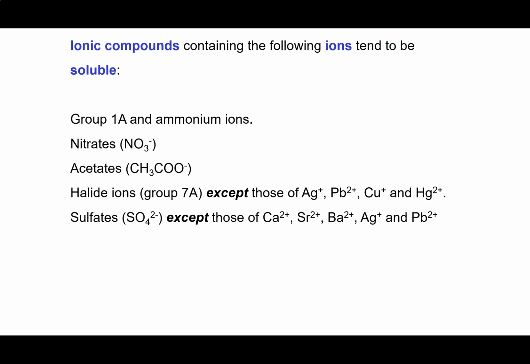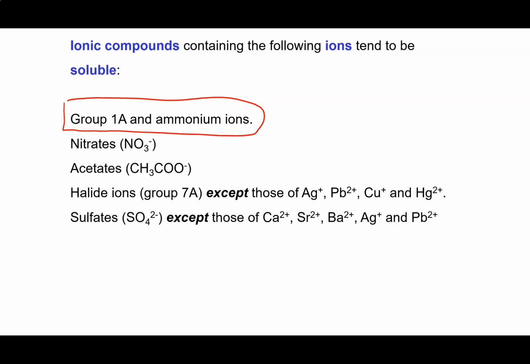Perhaps the first rule here is the most important one, and it says that ionic compounds containing group 1A cations and the ammonium ion tend to be soluble. Ionic compounds that contain the nitrate anion and the acetate anion are always soluble, in fact.